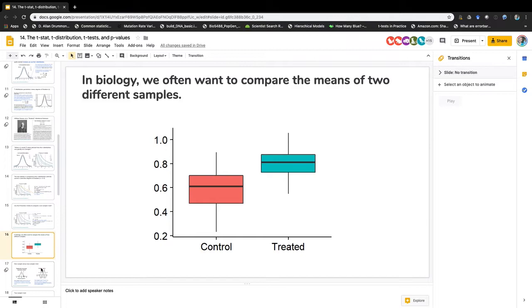And the theory behind the two-sample t-test is pretty darn simple now that we know how the one-sample t-test works.